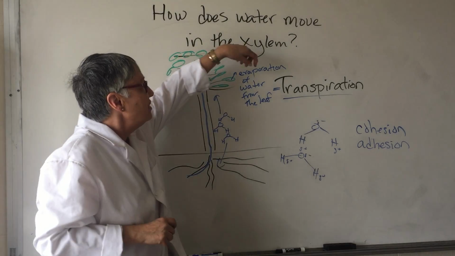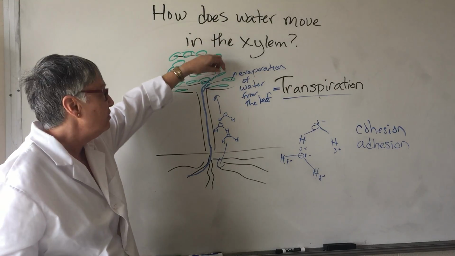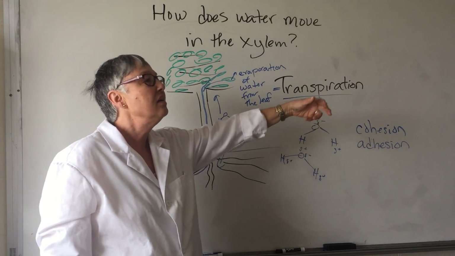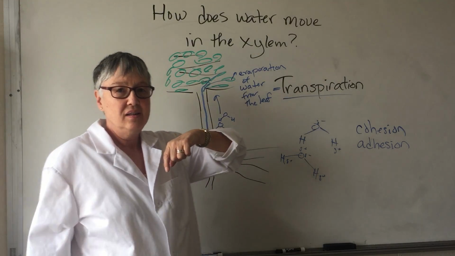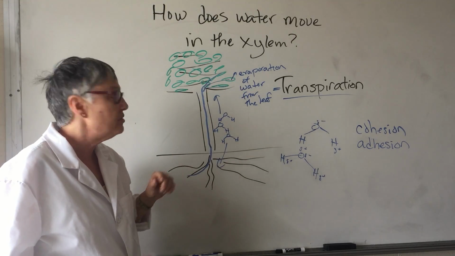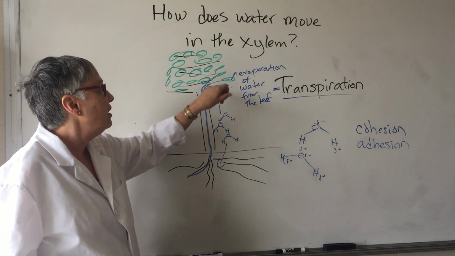So as each water molecule exits the leaf, it exerts a tiny pull on the water molecule behind it. And that causes the entire chain of water molecules to inch their way up the xylem into the leaf.